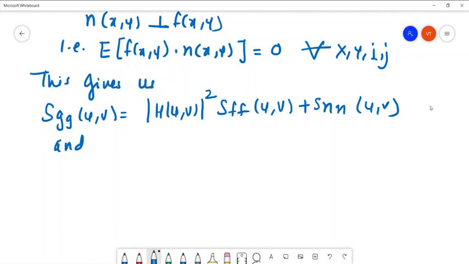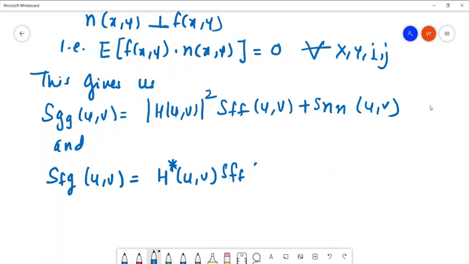And Sfg(u,v) equal to H complex conjugate (u,v) Sff(u,v).